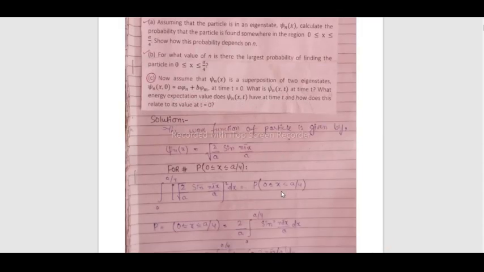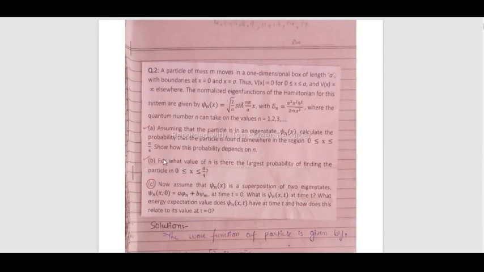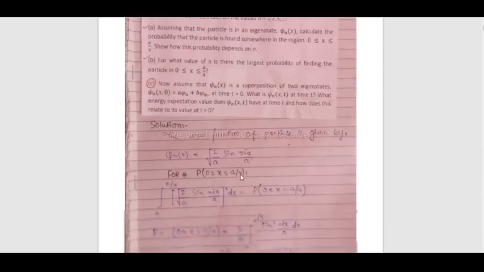Now the second part was: for what value of n is there the largest probability of finding the particle in 0 to a upon 4? So the largest probability we have noted here. We have used the probability equation which we derived here, and using this equation we have put in some values of n like 1, 2, 3, 4.